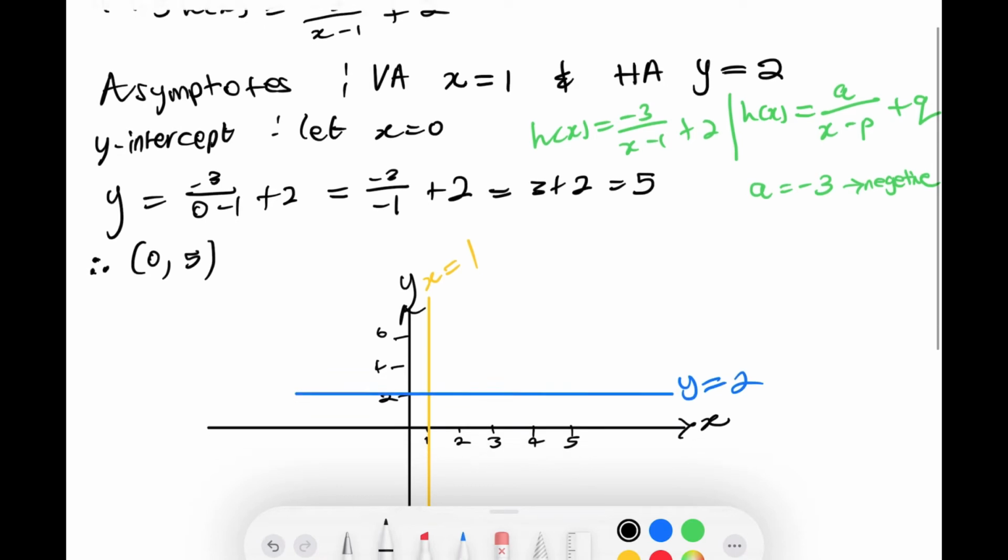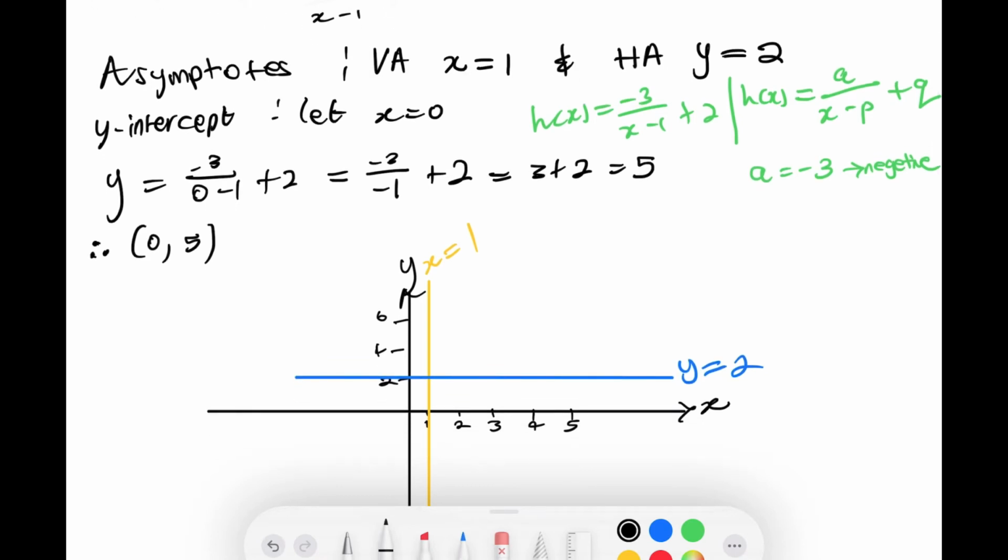Now, let's find the x-intercepts. You let y equal 0, and you're going to have 0 is equal to negative 3 over x minus 1 plus 2, which implies that, the implies sign is what you use when you're trying to separate two equations without moving on to the next line.